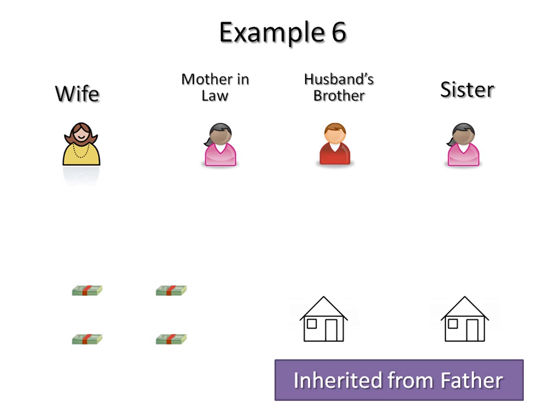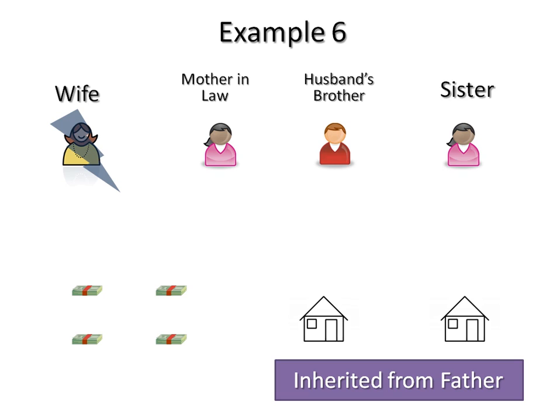Now let us say that she has 4 units of cash which belong to her, which she earned or got from her husband, and there are 2 houses which are inherited from her father. In this case, let's talk about the cash first. Because it is her own wealth or it was acquired from her husband, the first right will be of the class 1 legal heirs of her husband.